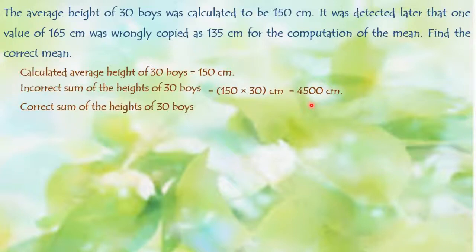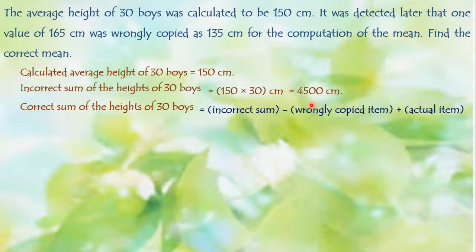So the correct sum of the heights of 30 boys will be incorrect sum minus wrongly copied item plus correct item. It will be 4500 minus the wrongly copied 135, plus the correct one, 165. So the answer we got is 4530. It is the correct sum.